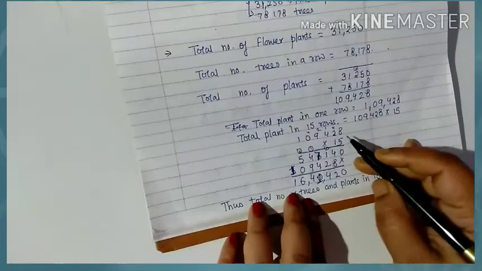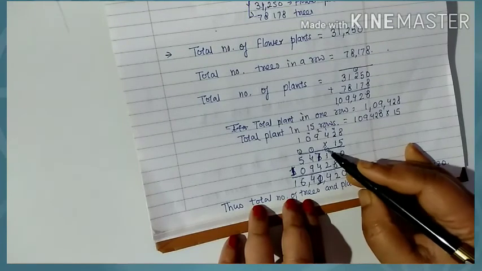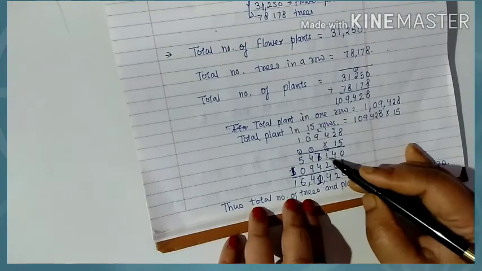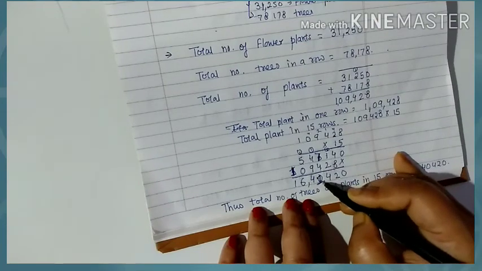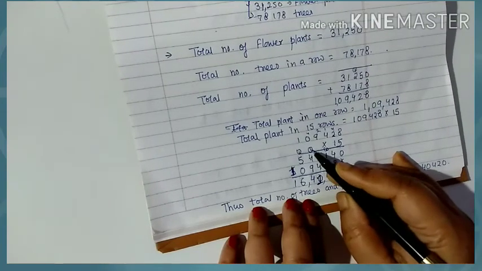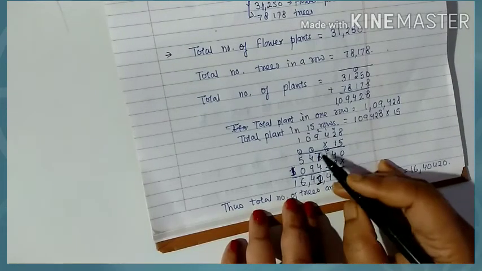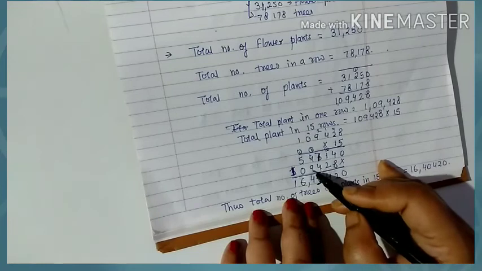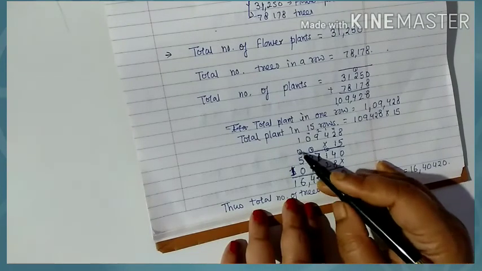So now children, it will be 0, 4 plus 8, that is 12, 1, 1 plus 1, 2, 2 plus 2, 4, 7 plus 4, that is 11. So here I am writing 1 and 1 carrying. 4 plus 1, 5. 5 plus 9, 14. 5 plus 1, 6.